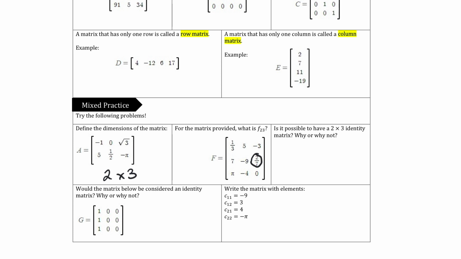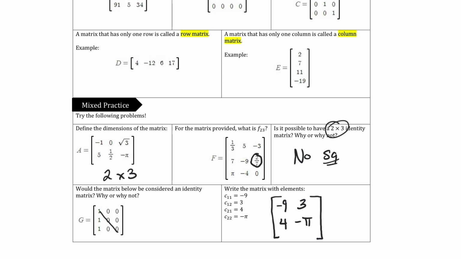We could talk about the 2 by 3. Create a matrix with these elements. It would look like this: 1,1 position would be -9, then 2, 3, second row first column 4, second row second column.